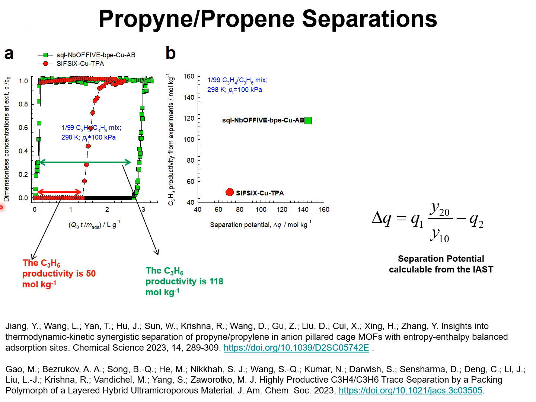In this graph, I compare the experimental breakthroughs of SIFSIX copper TPA, shown by the red circles, with those obtained for 1/99 propane-propene mixtures with an ultra microporous MOF with a square lattice that is reported in this paper, the Journal of American Chemical Society, in 2023.